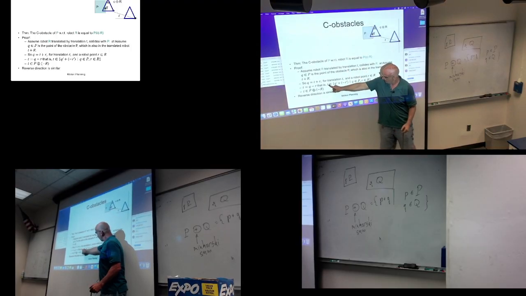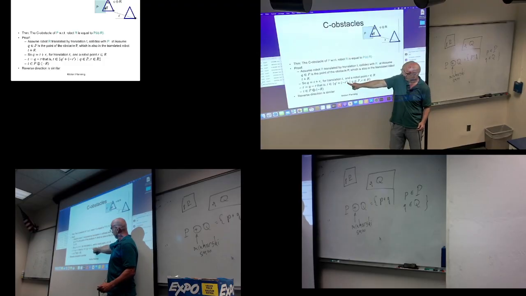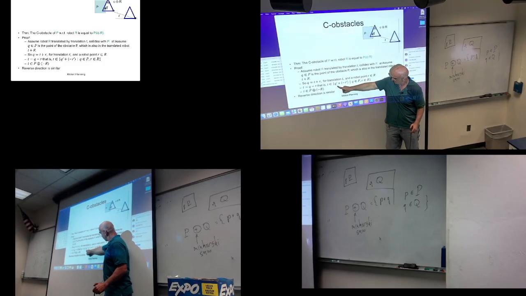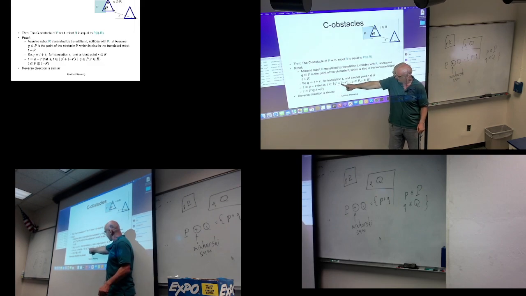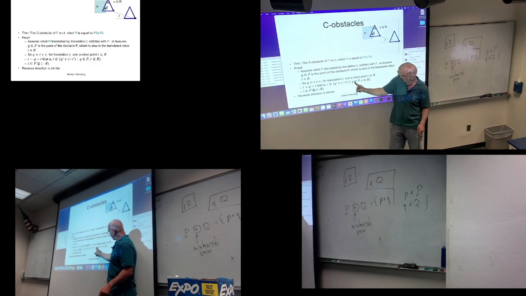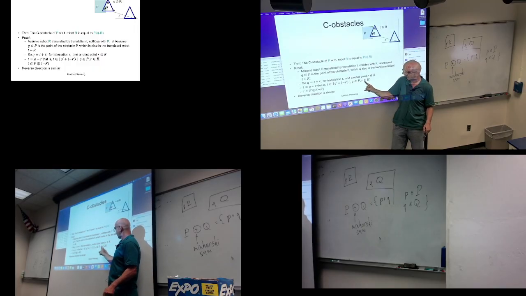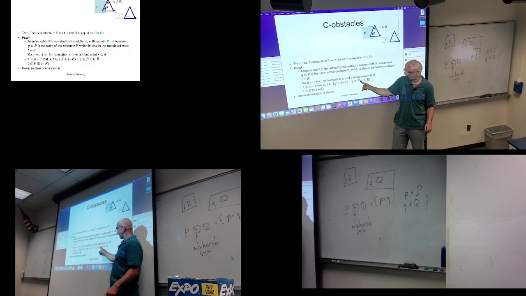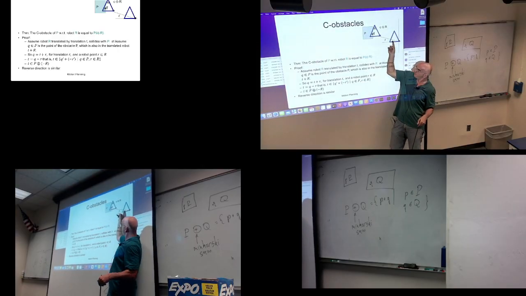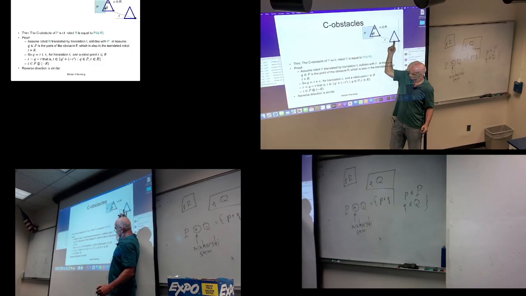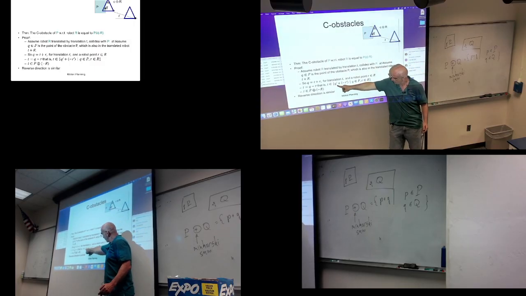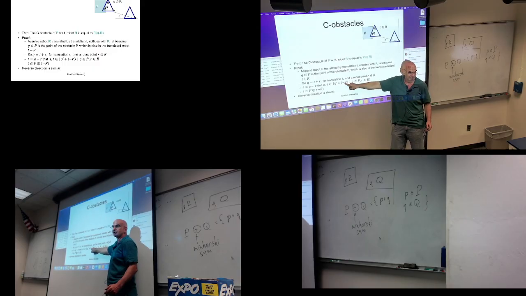That is, T must be in the following set. It must be in the set of all the points q minus r, where q is a point inside P and r is inside the robot. All good? But notice it's q minus r.